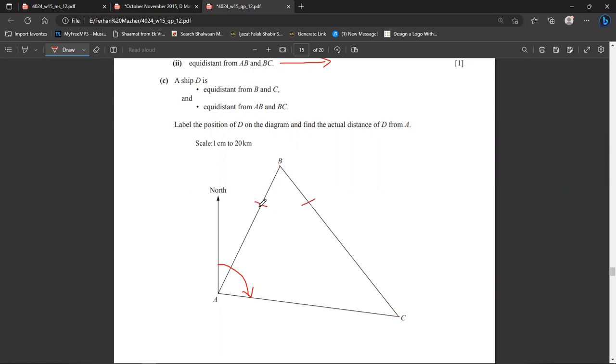Then I put my compass here and I will put an arc here and I will put my compass here and I will draw an arc here. So then I will join this B with this point, and this will be the angle bisector of the ABC angle. I hope you understand this.